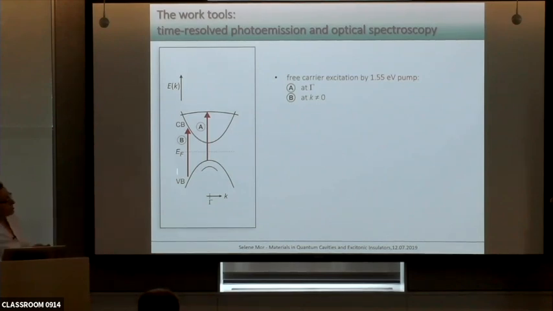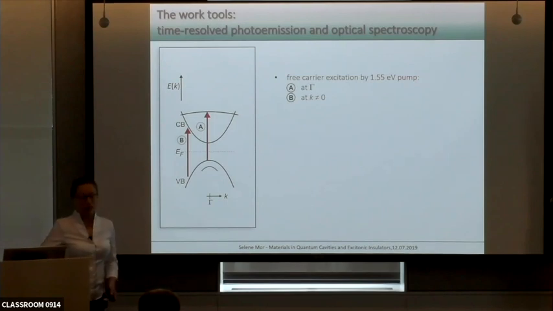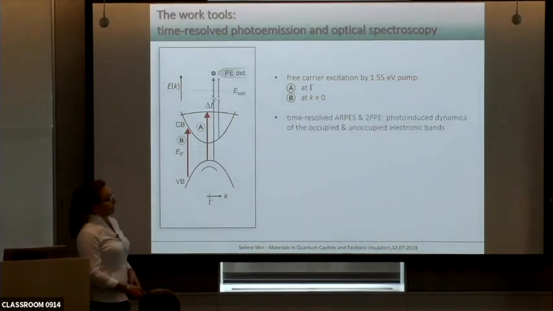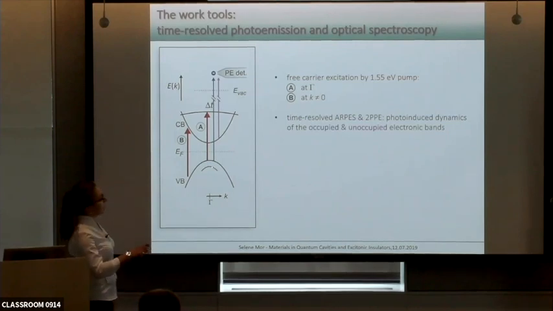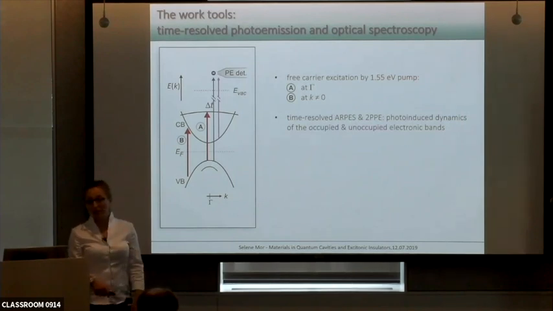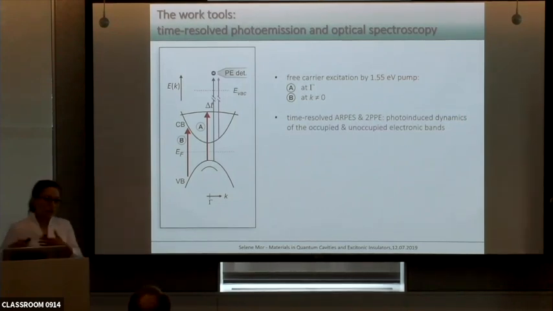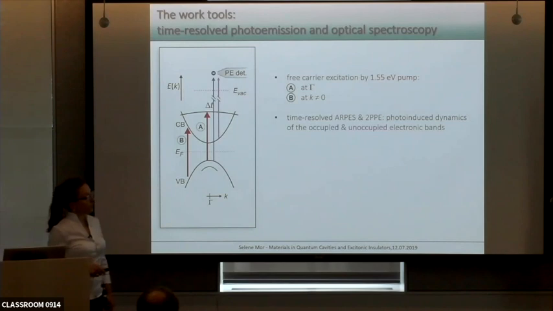And then at much larger k vector, we connect directly the upper valence band and the lowest conduction band. And then we tune our probe photon energy to be able to map both the occupied but also the unoccupied electronic bands. And by that, we follow the dynamics as a function of delay following the photoexcitation.